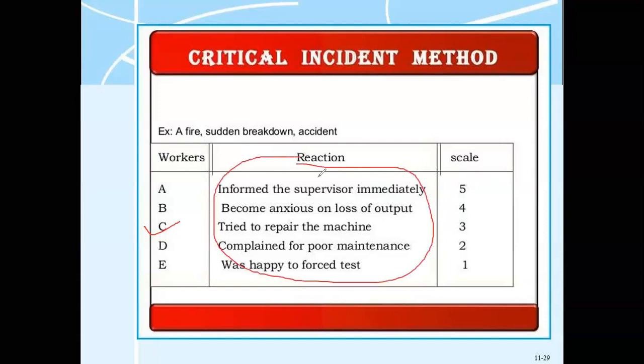For example, I gave worker C a 4, and I gave this one a 2, right? The scale is from 1 to 5, right? 5 is for a very good response, and 1 is for a very poor response. Like this is a format we have normally made. Okay.